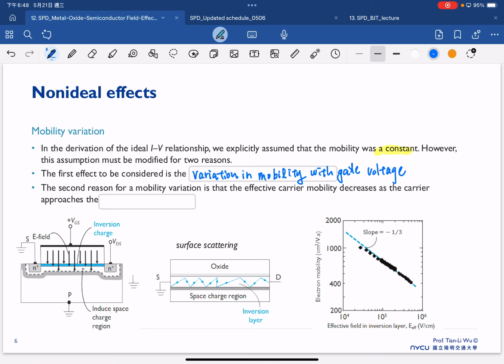This is because this is a typical device schematic, and we all know that once we start to increase the gate bias here, we start to have the formation of electrons in the channel.